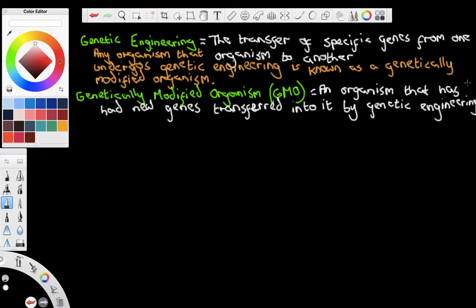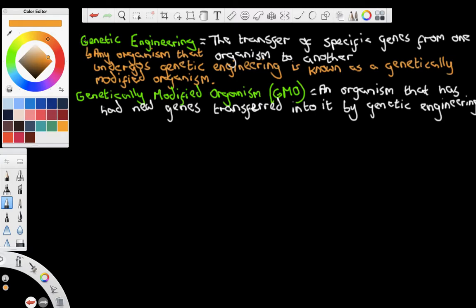So genetic engineering is when we transfer one gene from one organism into another. Any organism that undergoes genetic engineering becomes what's known as a genetically modified organism, or a GMO. A GMO is an organism that has had new genes transferred into it by genetic engineering.